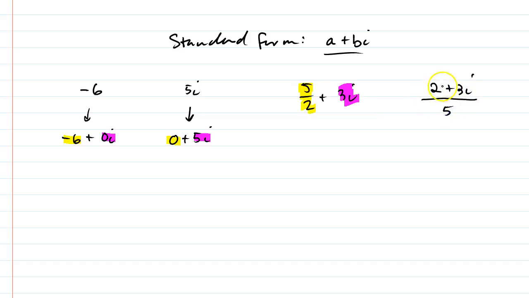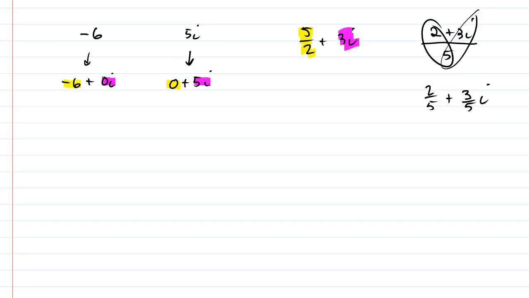That's not in standard form. You just have to break it apart using the butterfly. So you'd write that as 2/5 plus 3/5 i, so that you can identify the different parts, the real and complex.